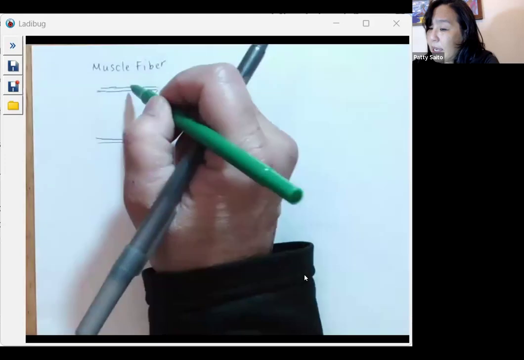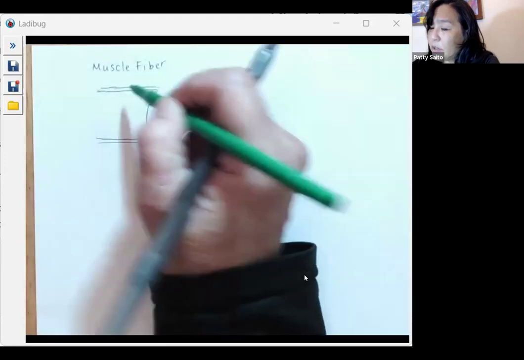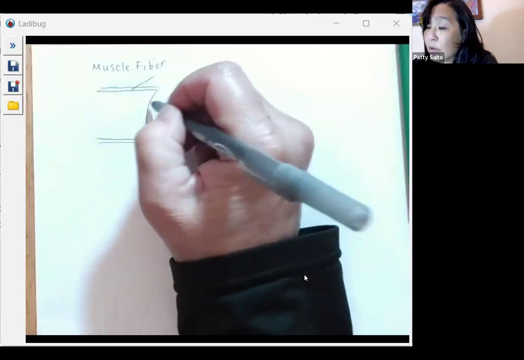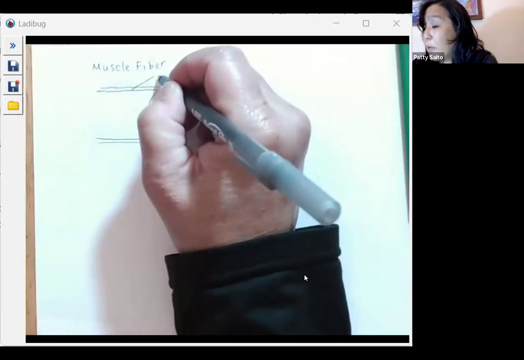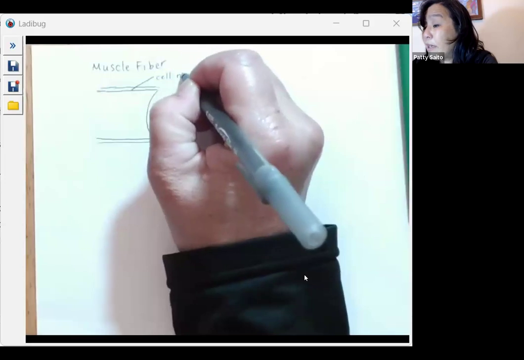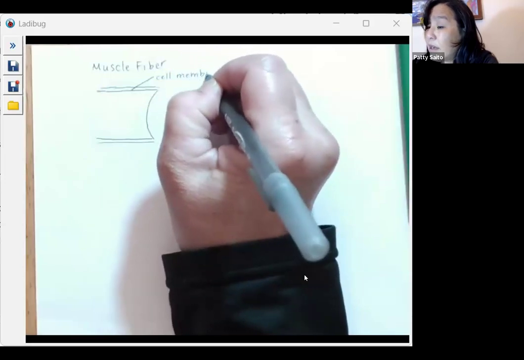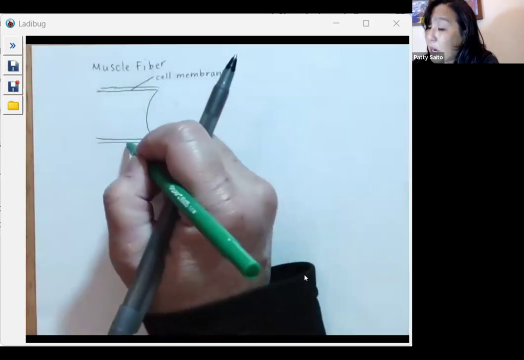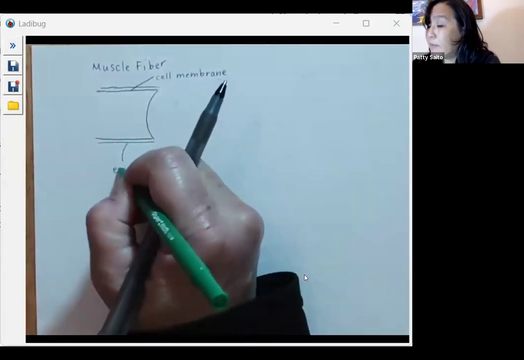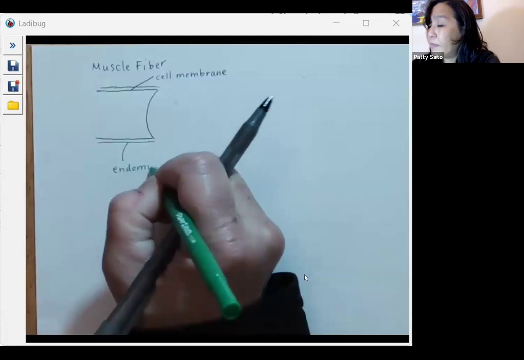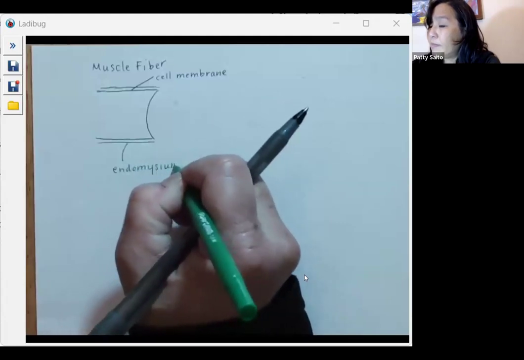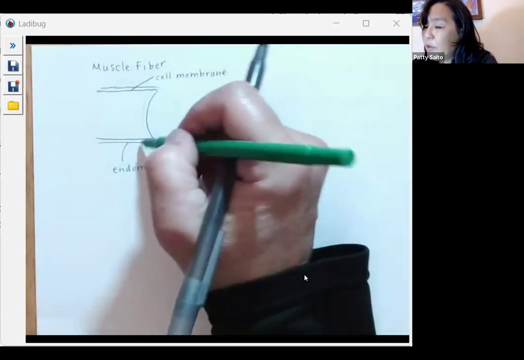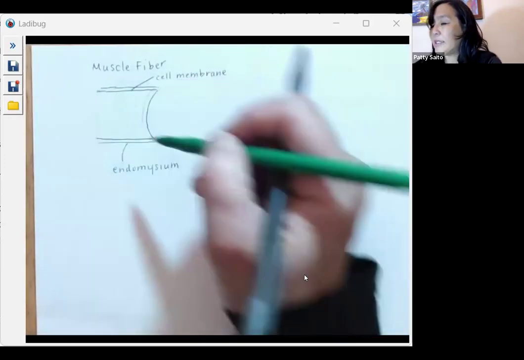And so I'm going to draw, because it is a cell, this outer layer here is the cell membrane or the plasma membrane. Okay, and then it's surrounded by the endomysium. All right, so connective tissue around it, like this.